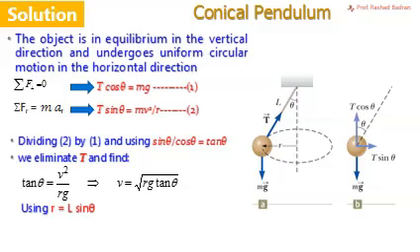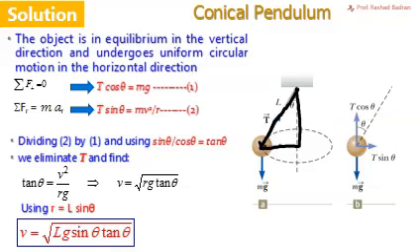As the question is about expressing v in terms of L and theta, we can find the relation between L and r from this right angle triangle, where we have the hypotenuse as L and the opposite as r. So r equals L sine theta. Then by inserting this into the last relation, we get our expression for the speed. It is independent of the mass.